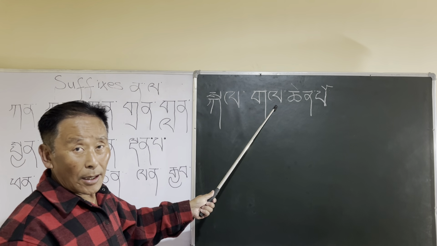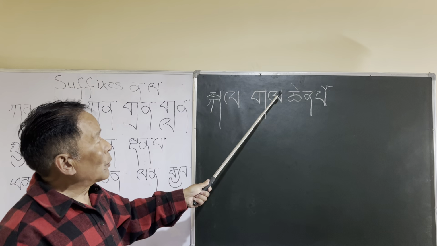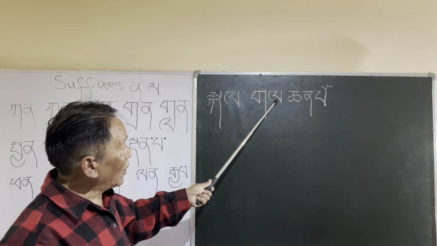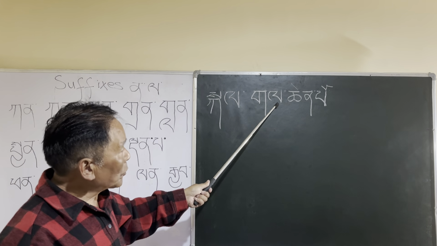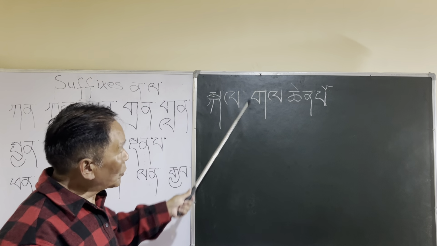Ga la. We see la as suffix. So we know la is to be pronounced, and la should add imaginary vowel dingbo to it.